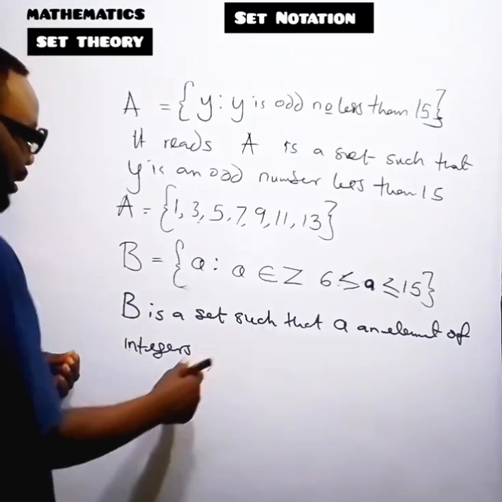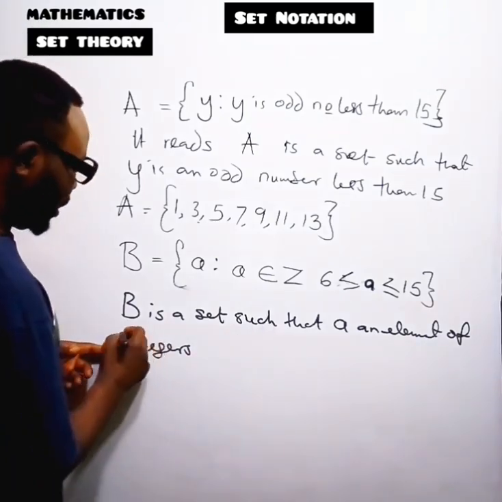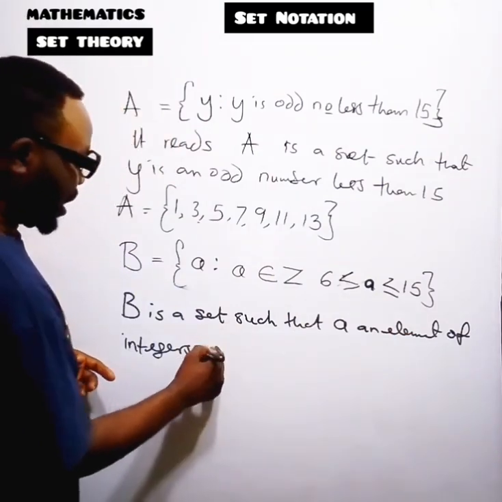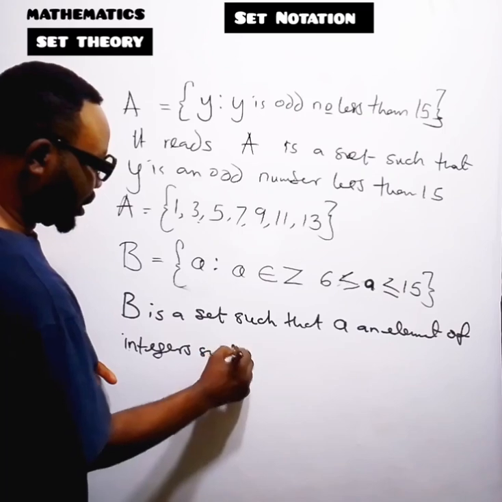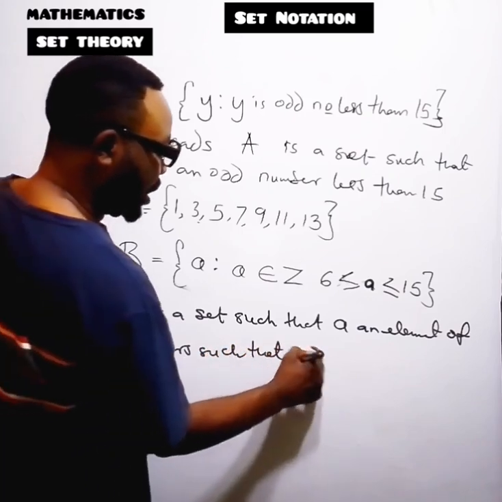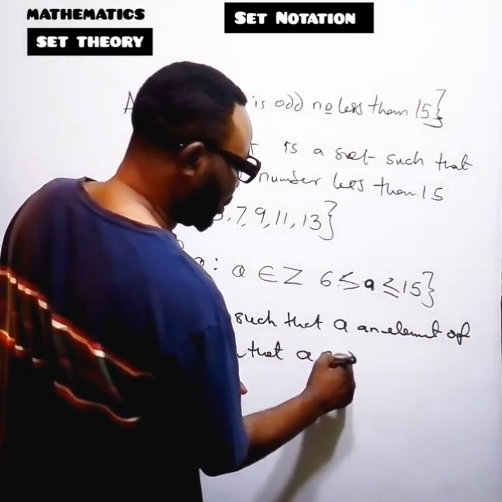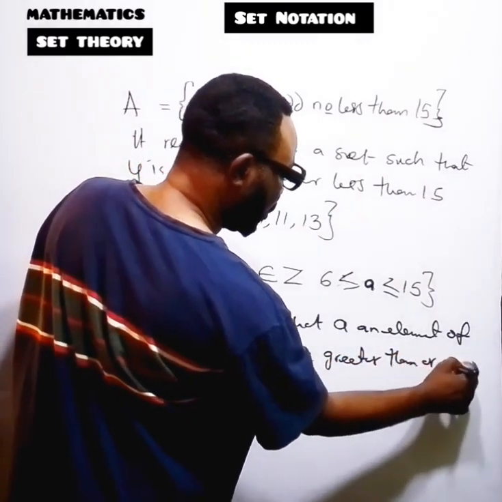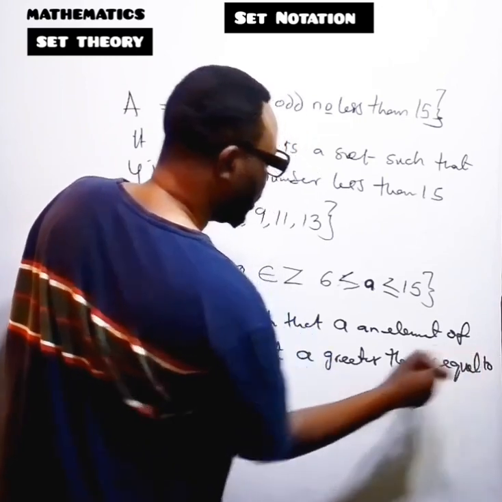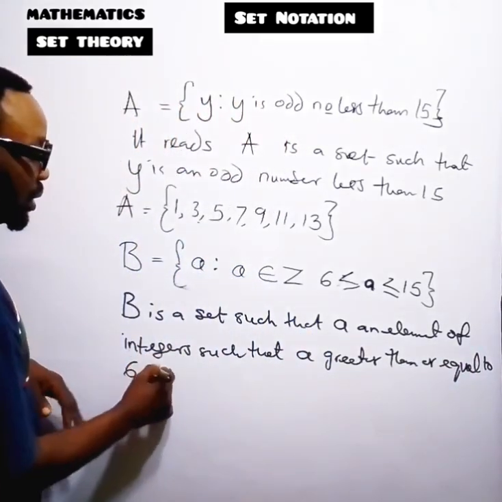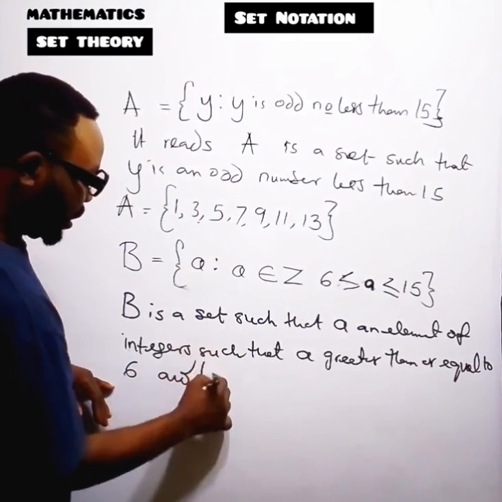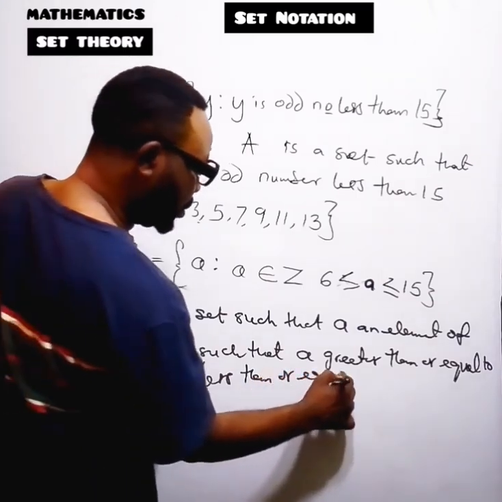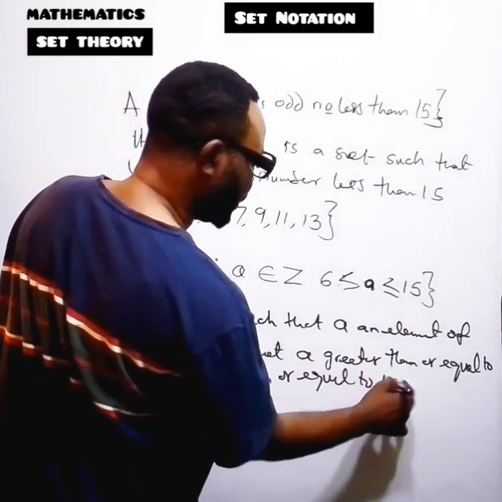That is, A is an element of integers such that A is greater than or equal to 6, and less than or equal to 15.